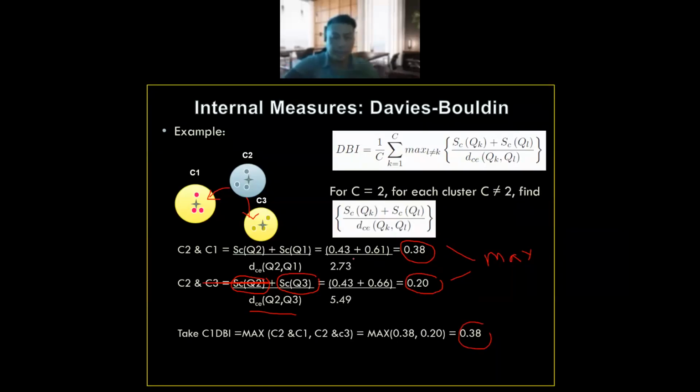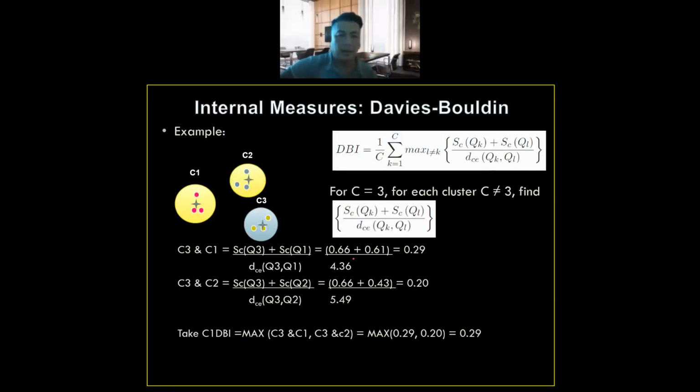Okay, so the next stage will be 3. I will do this again. So C3 and C1, which is this one. So I take the compactness of cluster 3 plus compactness of cluster 1 divided by the distance. And then I get this value.